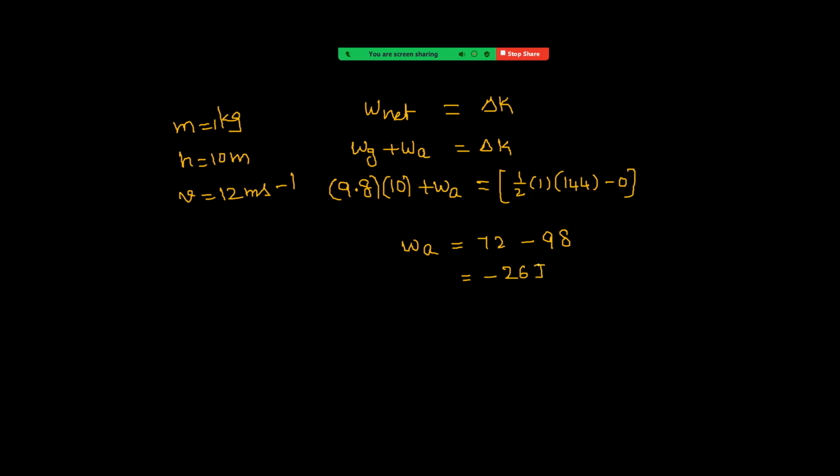That means because of air resistance, work done is negative, meaning its energy has decreased. So like this, we can calculate work done by unknown forces. Let us see the next problem.